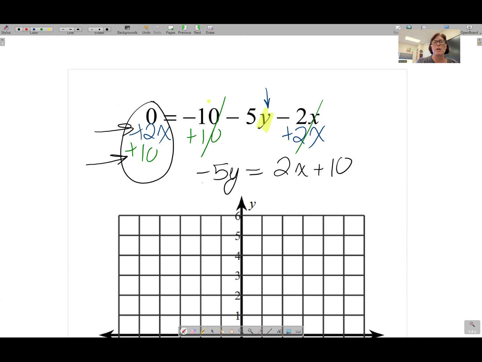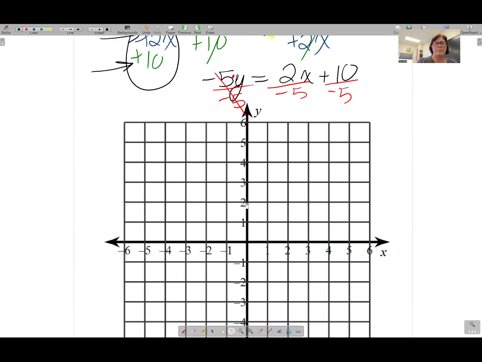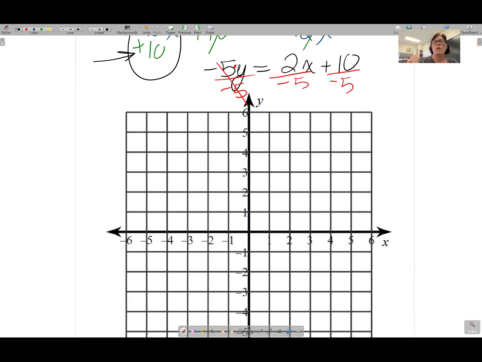Last but not least, we get rid of the -5 by opposite of multiplying is dividing. And we get our final version here, which is y equals -2/5 x minus 2.